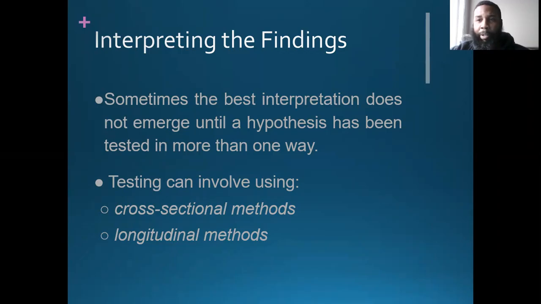Look back if you don't remember. And do you remember what longitudinal methods are? Look back if you don't remember. But you can test using these ways. And these are ways of doing a study you can test over time, right? Sort of figure out where your differences may statistically lie.